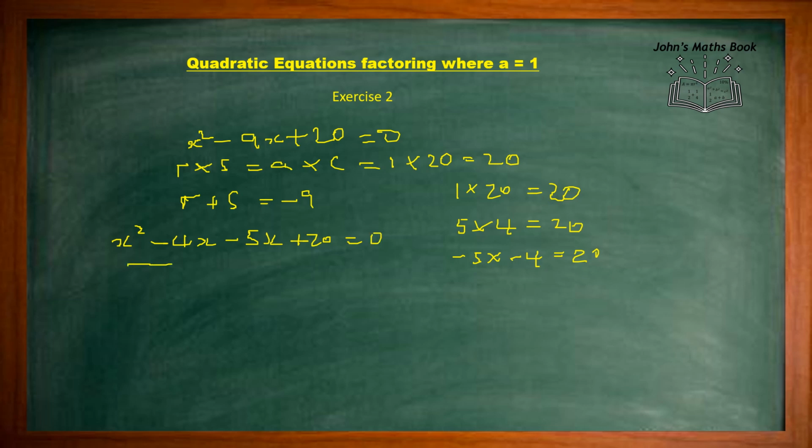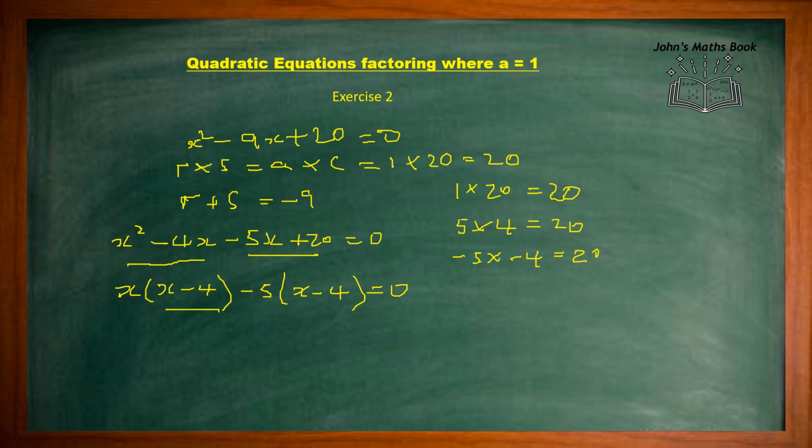So if we work on this part first, we can take out the value of x, and we're left with x minus 4. And then this part here, if we take out minus 5, we're left with x minus 4 equals 0.